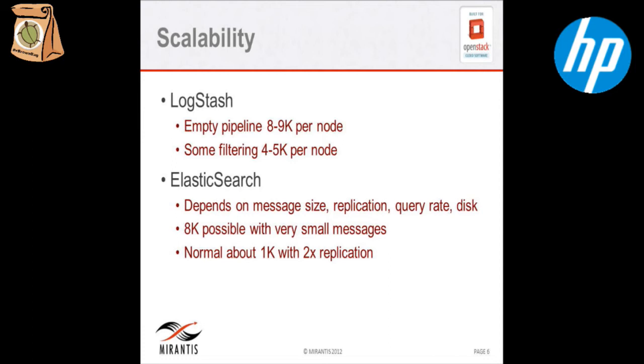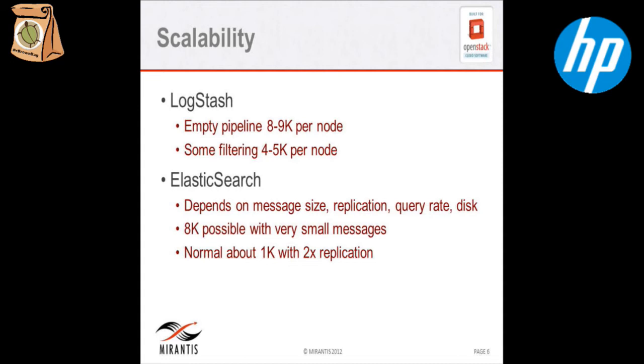So let's talk about the scalability of this setup. Logstash, we've done some benchmarking in Logstash, and a completely empty pipeline can deliver roughly about 8 to 9K worth of log records if they're fairly small and, like I said, no filtering has been done.